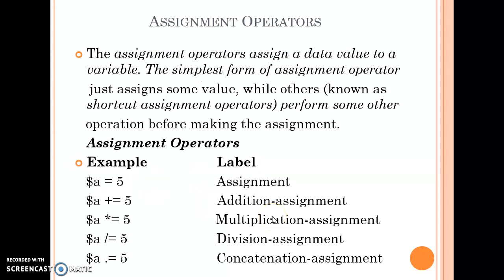Assignment operators assign a data value to a variable. The simplest form of assignment operator just assigns some value. Equal to is the assignment operator, plus equal to is the addition assignment operator, followed by the multiplication assignment operator, division assignment, and concatenation assignment operators.